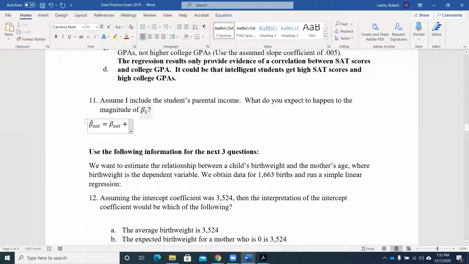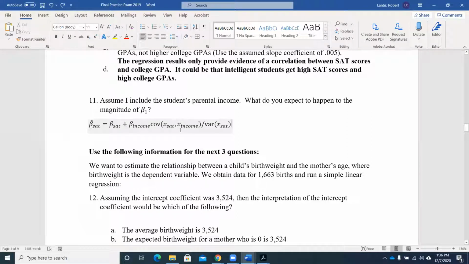So really, from asking a question like this, I shouldn't say there's no one right answer. If for some reason you justified that the relationship income would have on that y variable of GPA was negative, then I'd be okay as long as you gave me a justification for why. When I ask you a question like this, I want you to justify why you think the omitted variable has the effect on the y variable that it does, why it is the sign you think it is, and justify what you think the relationship is between the x1 variable that you included and the x2 variable you left out.